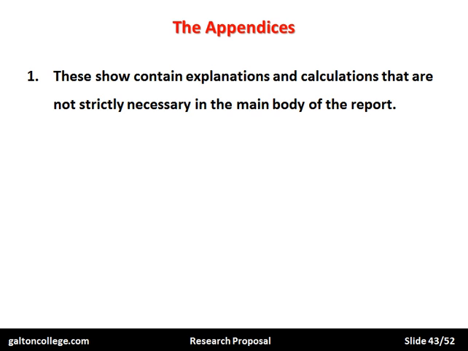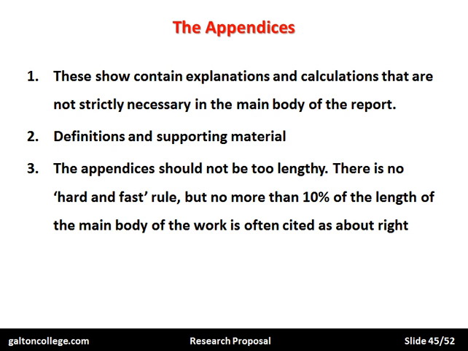Put in many charts or technical terms or technical papers. Definitions and supporting material could go in there as well. Again, you don't want to clutter up the main points. But the appendices should not be too lengthy. There's no hard and fast rule, but some say no more than 10% of the length of the main body of work.